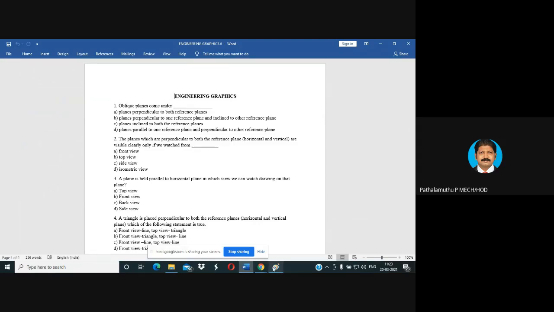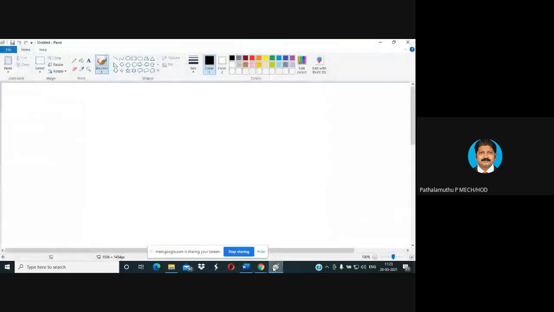Okay, see the diagram. Consider the second question. Consider a square plane perpendicular to both HP and VP in the first quadrant, with the horizontal plane and vertical plane.